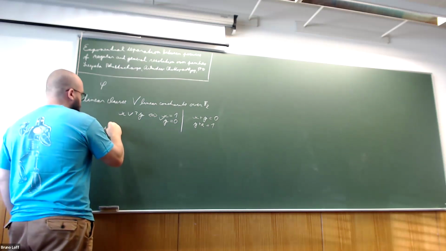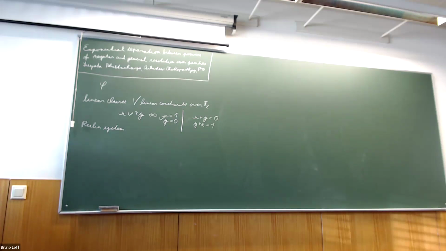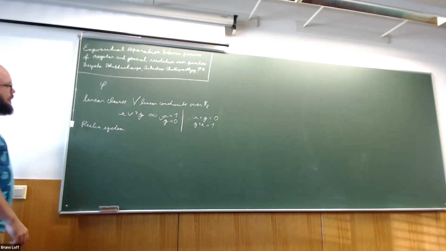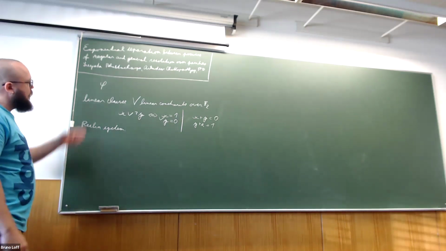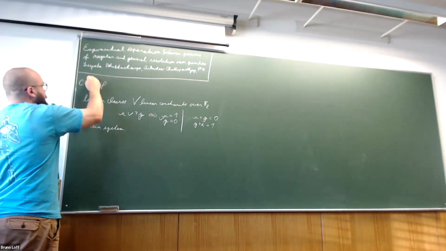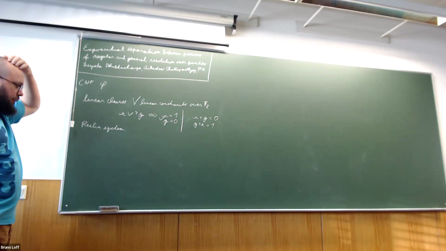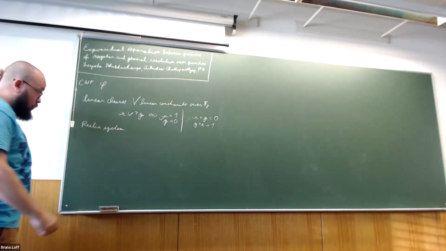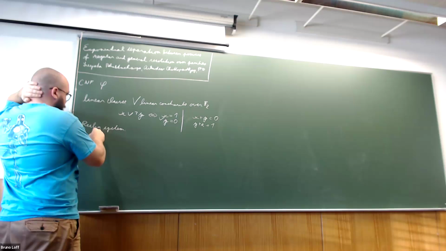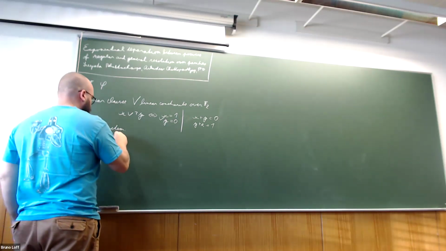In the ResLin system, the initial clauses are the clauses of the formula phi, which is, let's say, a CNF. We have two rules in this system. One is the resolution rule.